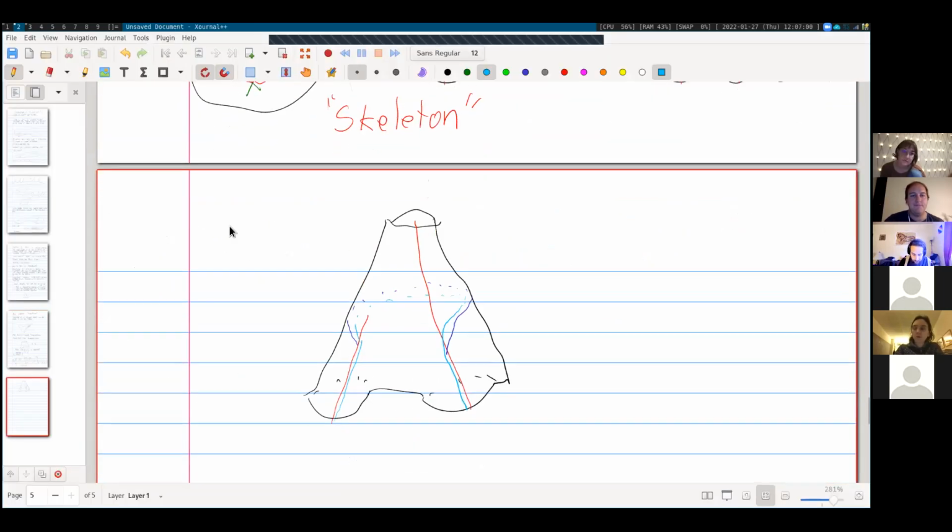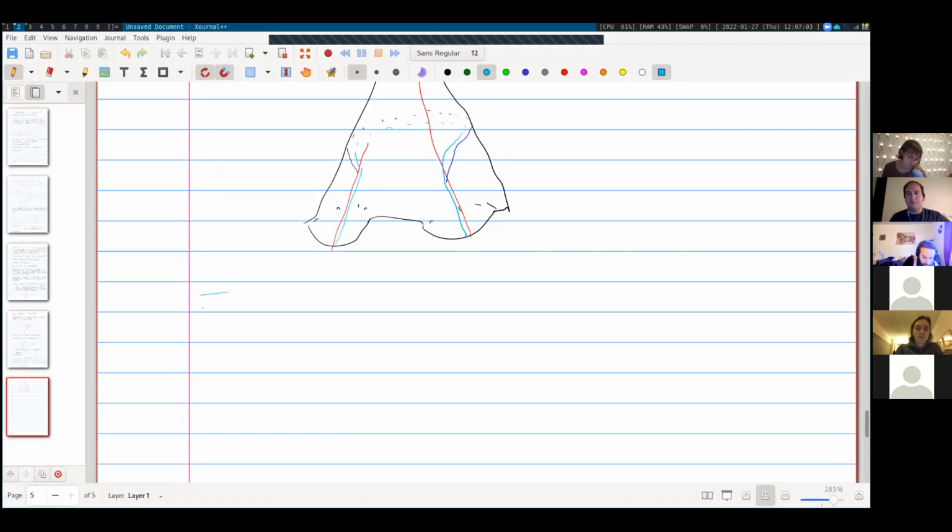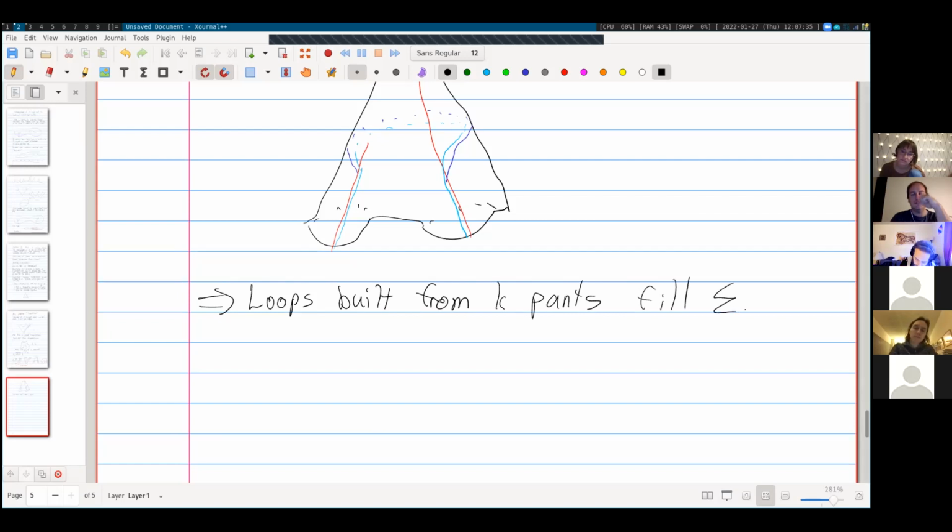And the end result of this, and then I will stop, is that if you take the loops built up out of the first k pairs of pants, then those loops fill the surface sigma k. So loops built from k pairs of pants fill the surface sigma k.